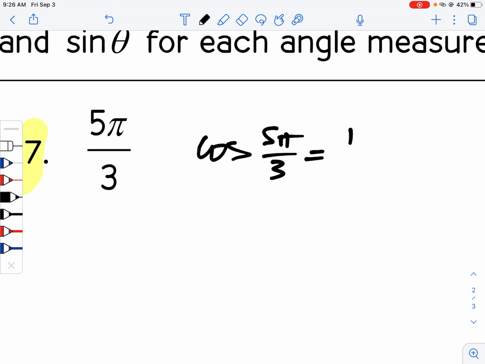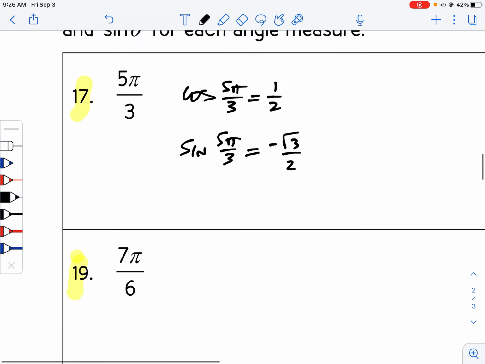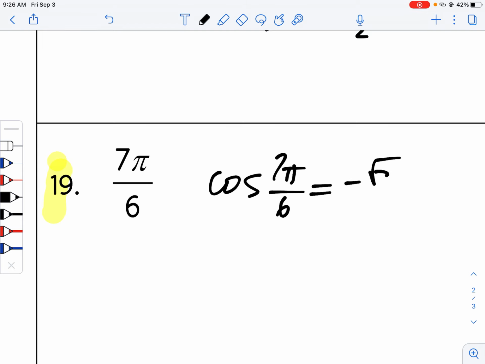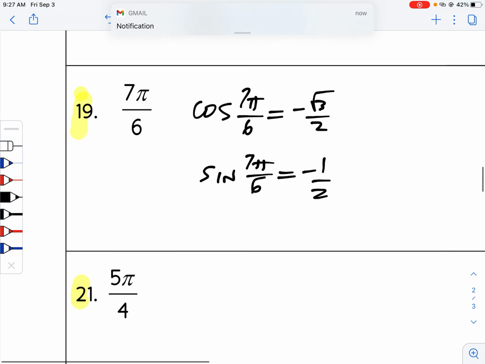That's going to be 1/2. And then sine of 5 pi over 3, again, we're using our unit circle here, is negative root 3 over 2. 7 pi over 6, the cosine there is going to be negative root 3 over 2. And then the sine of 7 pi over 6, third quadrant, everything's negative, negative 1/2.